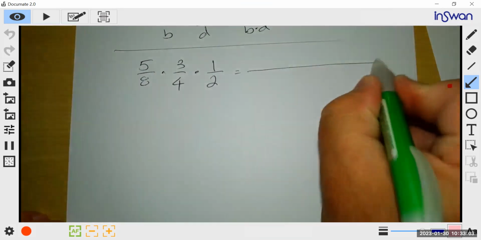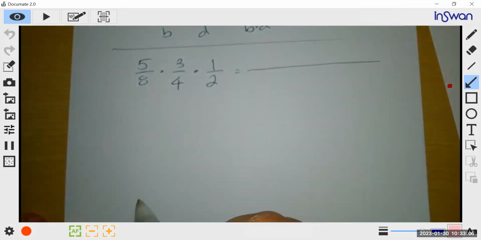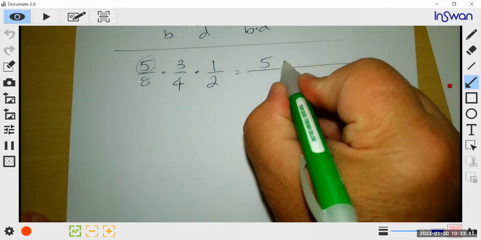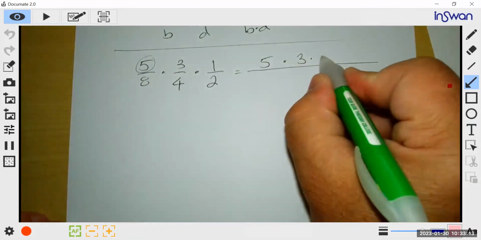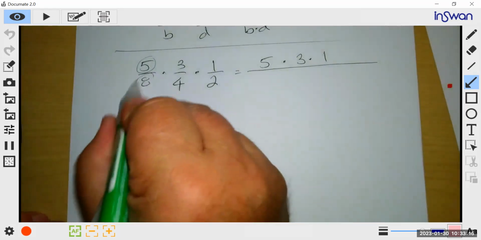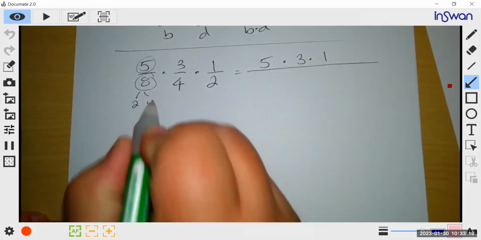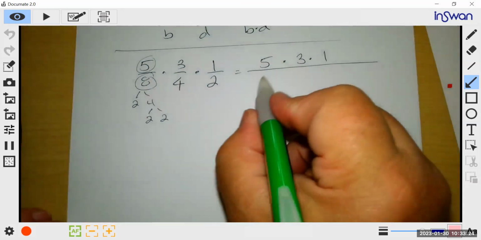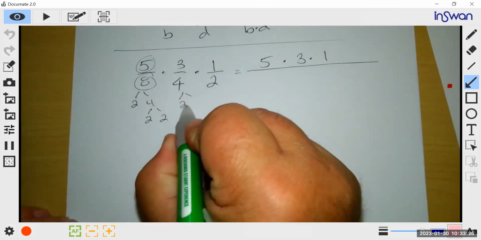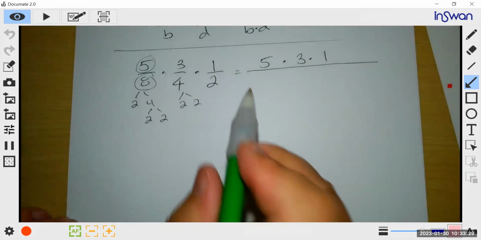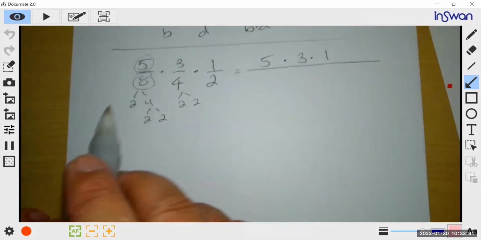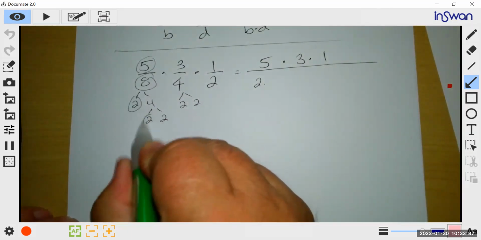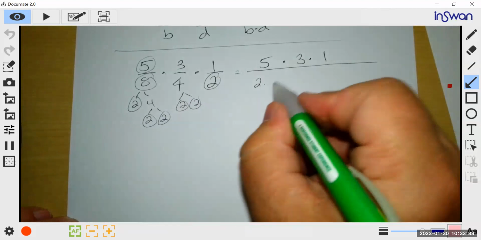Ideally, what you want to do first is prime factorize everything. 5 times 3 times 1. 8 is 2 times 4, 2 times 2. So the bottom number has a whole bunch of 2s. The top doesn't. So it's 1, 2, 3, 4, 5, 6 2s.